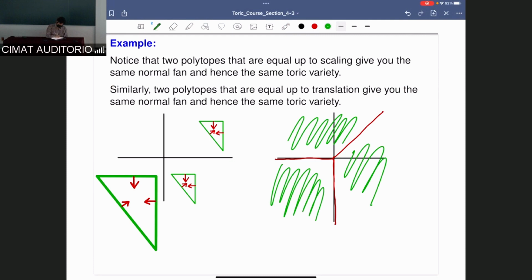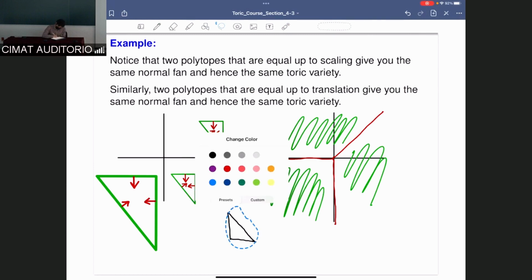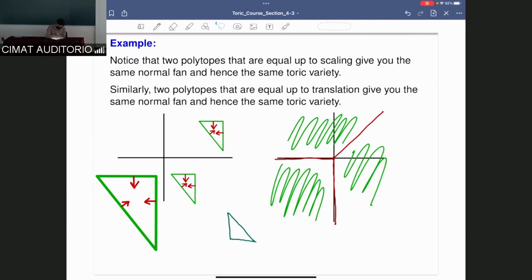If I wanted to get the version of P2 that we have been doing, what I should have done was like this, like 45 degrees here, and this one, and this one. Let me make this green. And this one is the one that would give me the P2 that we were drawing before.